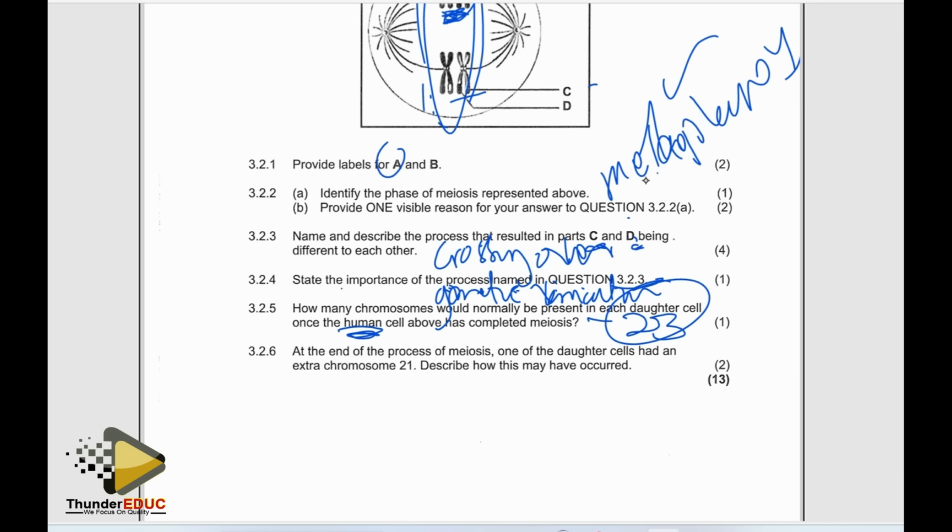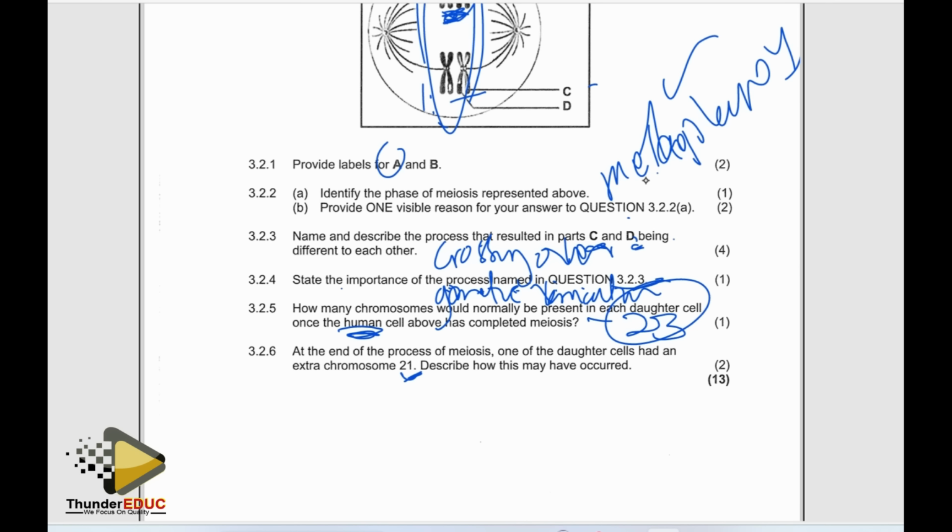At the end of the process of meiosis, one daughter cell had an extra chromosome. Describe how this might have occurred. It is due to the failure of chromosome 21 to separate during anaphase. You understand? How did it occur?